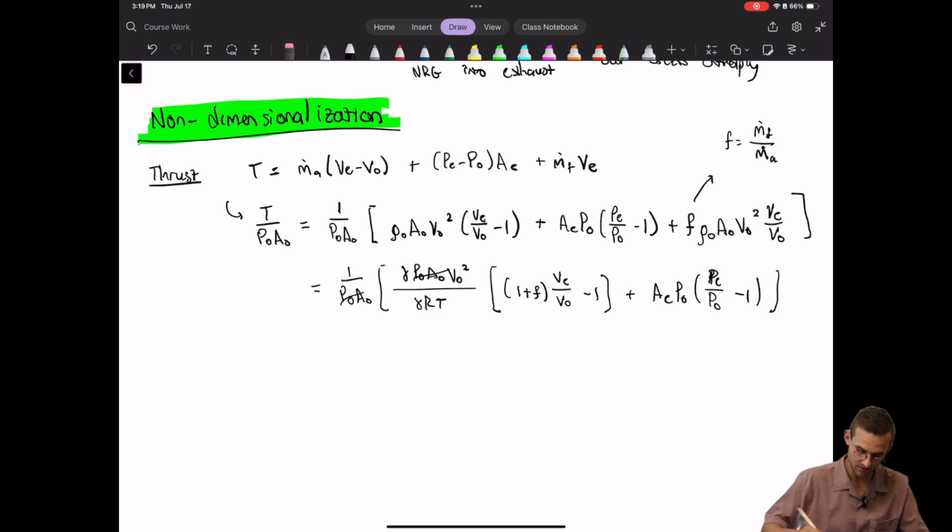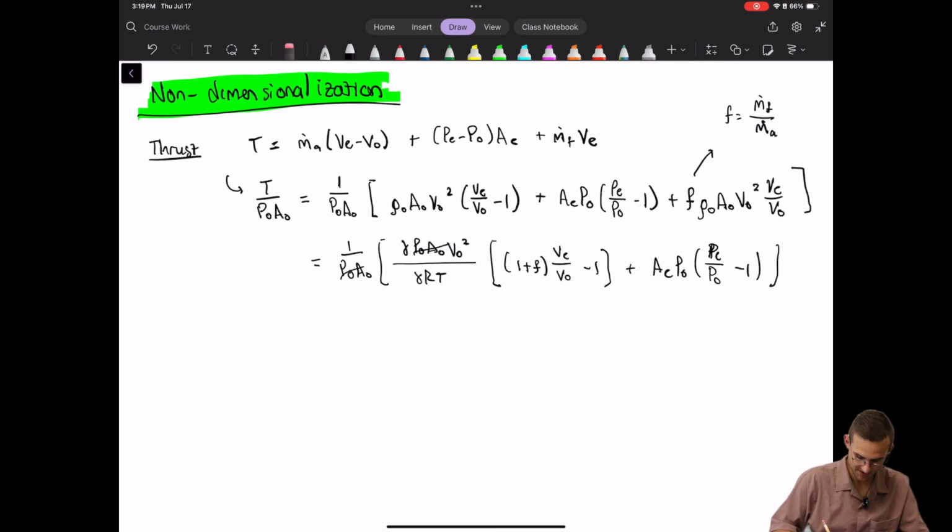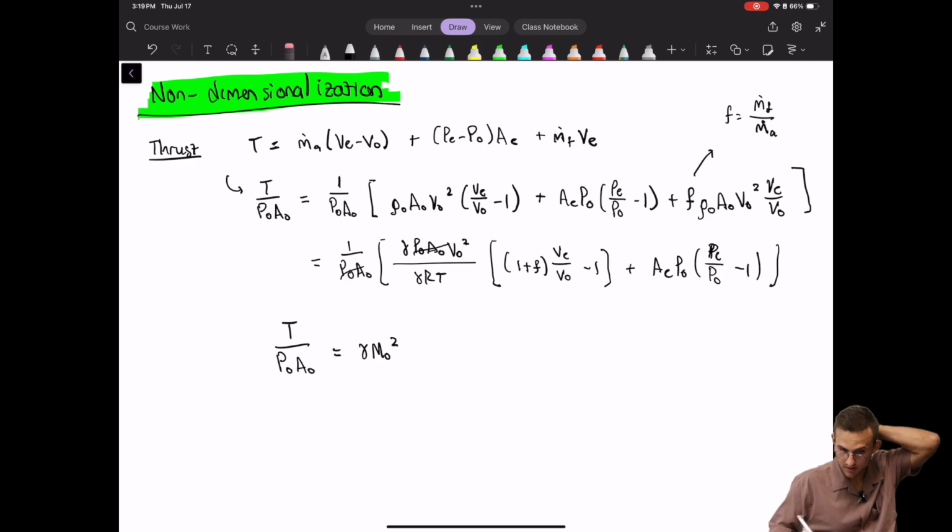And our final non-dimensionalized thrust equation that you'll be calculating over and over again is T over P naught A naught times gamma M naught squared. Okay, remember that gamma RT is just A squared here.